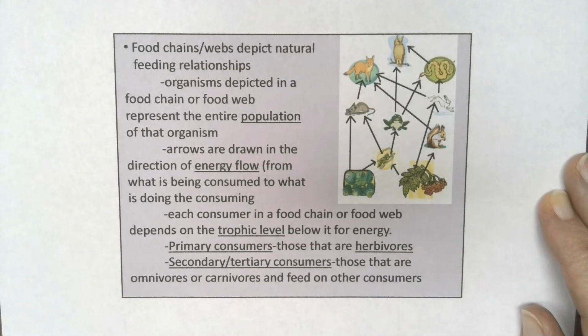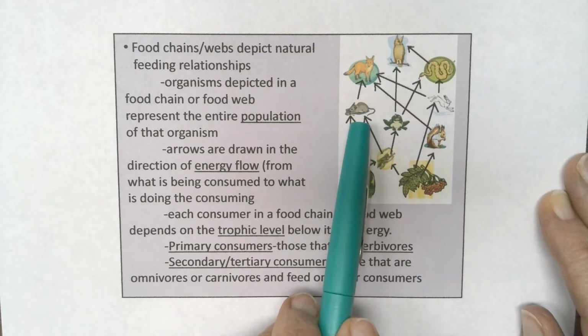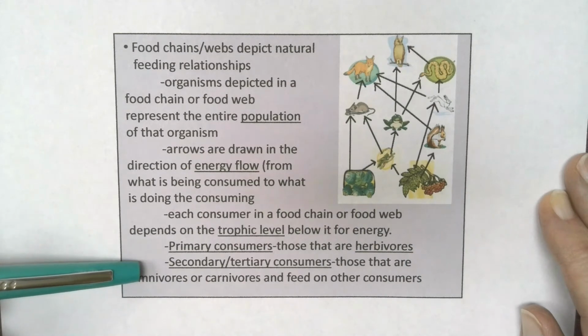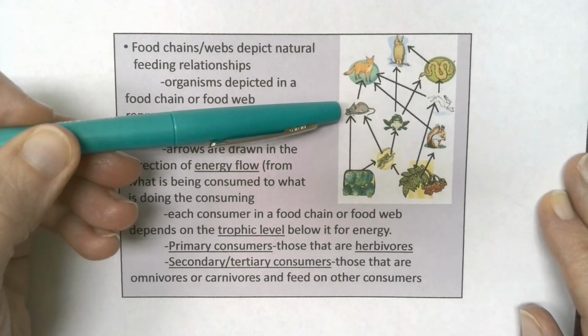Okay, notice if we follow from the plant to the grasshopper to the mouse, then the mouse becomes a secondary consumer. Okay, so going to that definition, secondary consumers are going to be omnivores and carnivores depending on where they fall in the food chain or the food web. Okay, if it's a food web, then again, like the mouse here, organisms can typically serve more than one role, right?